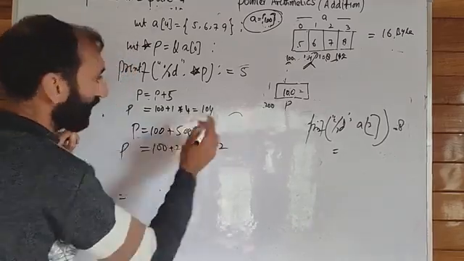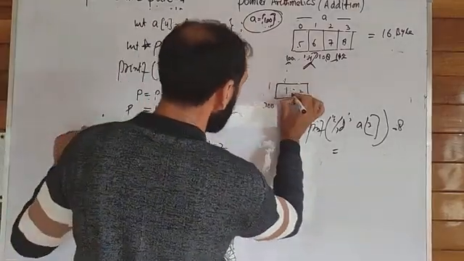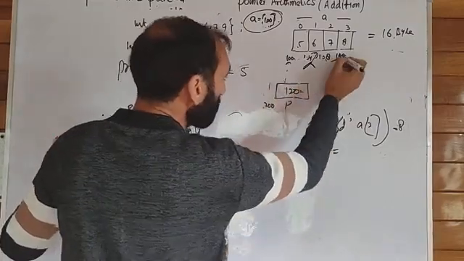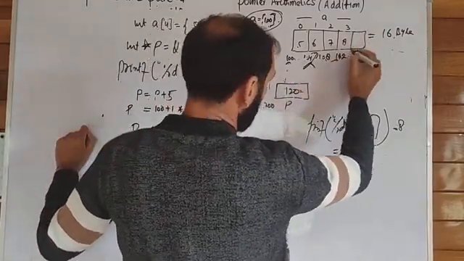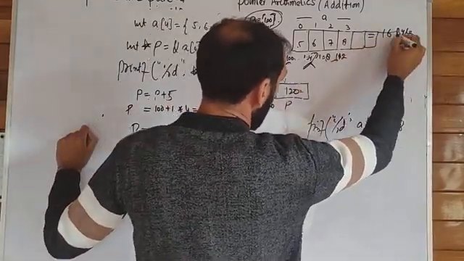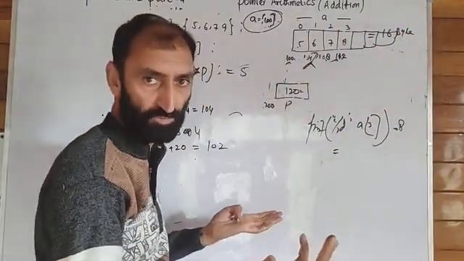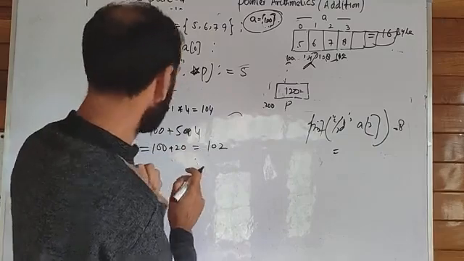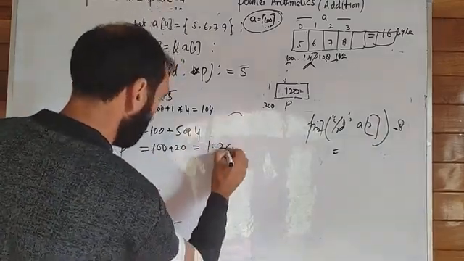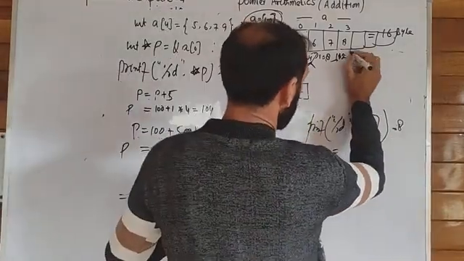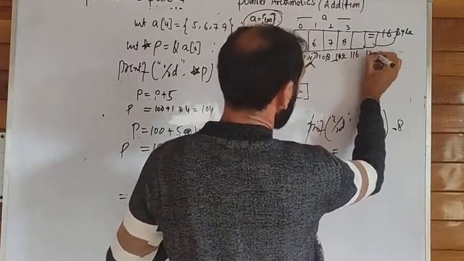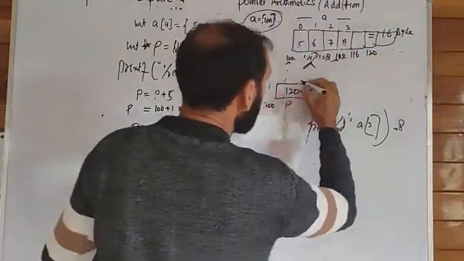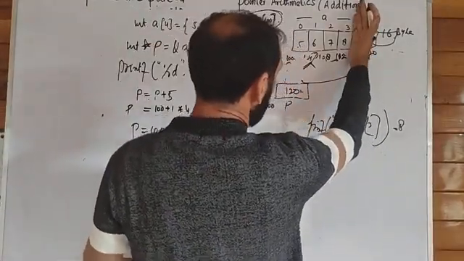So P now has the new value 120, and it points to that memory location.